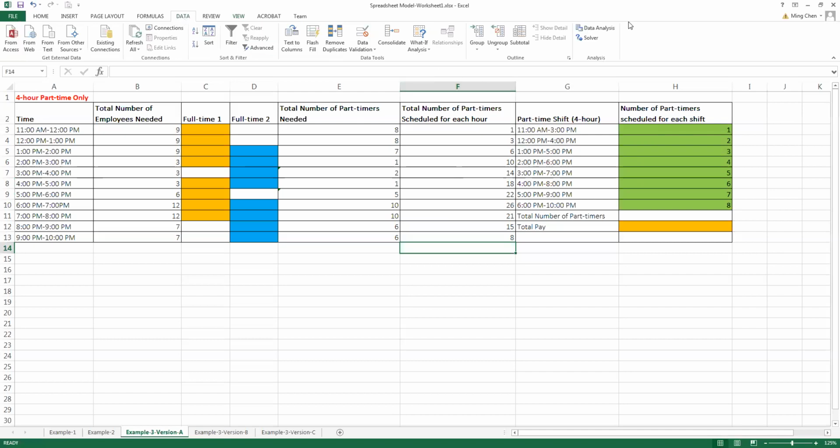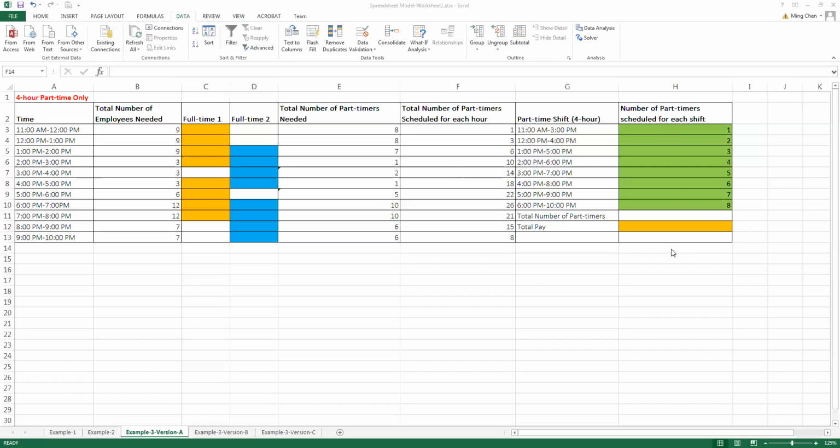So before we solve it, we have to think about three elements for a typical decision problem. One is the objective, then decision variable, then constraint. So what is the objective here? The reason we try to optimize the staffing problem is we don't want to overstaff. We want to have enough people on duty, but we don't want to hire too many people.